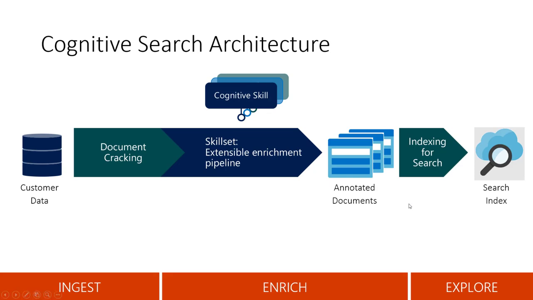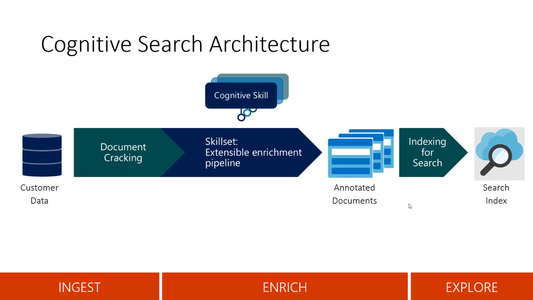Finally, for explore, the outcome of the enrichment stage is the additional knowledge derived from the ingested data, combined with the outcome of applying several artificial intelligence models to it. Different applications would like to surface different exploration experiences over this data.